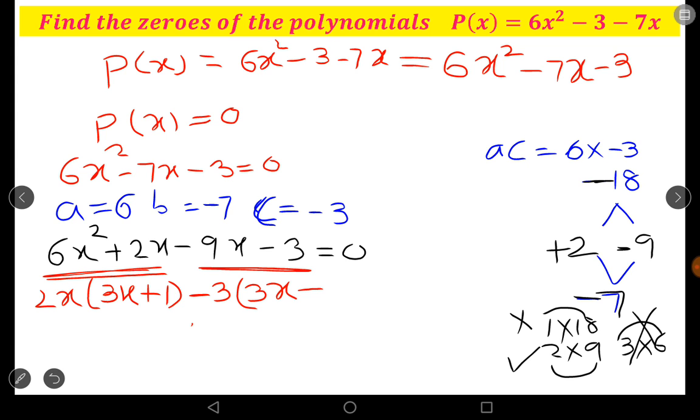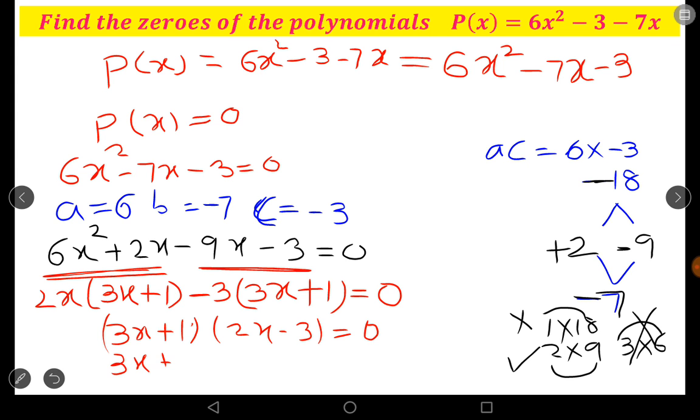Fourth term, the symbol changes: plus 3, 1 is 3, equal to 0. 3x plus 1, apply the distributive law, 2x minus 3 equal to 0. 3x plus 1 into 2x minus 3 equal to 0. So 3x plus 1 equal to 0 or 2x minus 3 equal to 0.